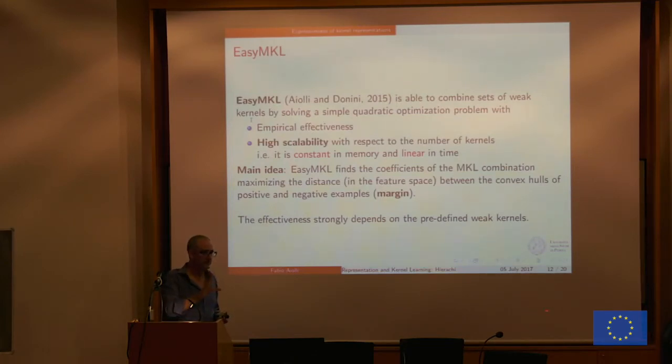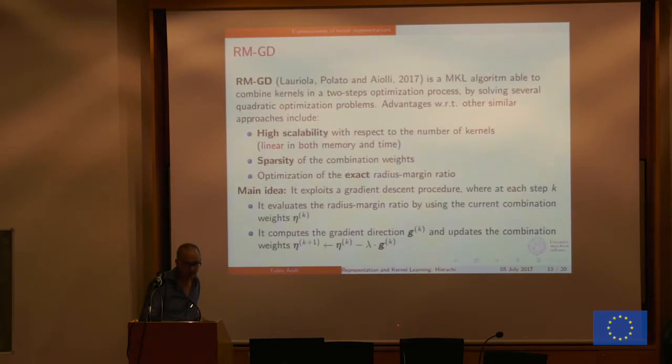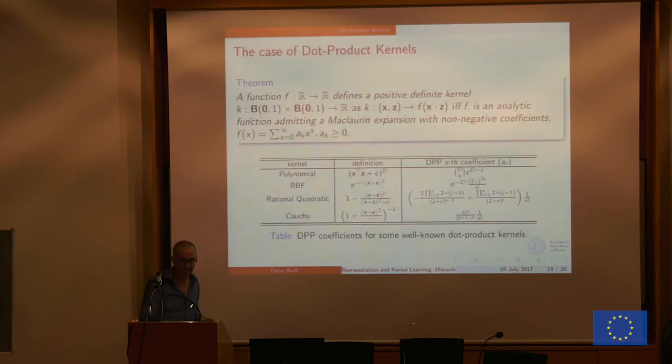Okay. So in this case, you decide that you want to extract all the polynomial features, for example, and you want to combine this kind of polynomial feature to have a better representation.